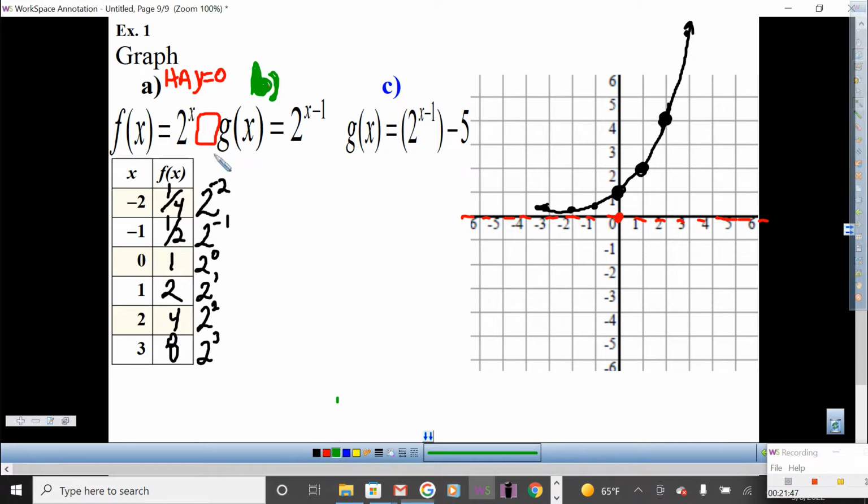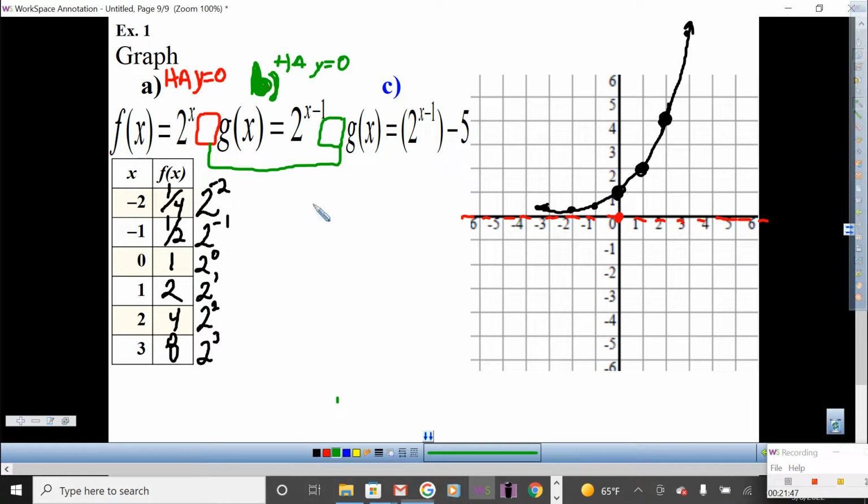Look up. According to this one, what is our HA? Tell your neighbor, please. Does it have anything there? No, so it's still 0. It's right there. We already have it. However, notice that it's the same base, isn't it? So that means we're going to move this one according to this.